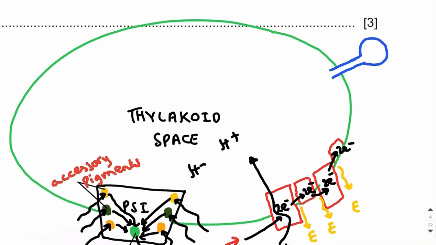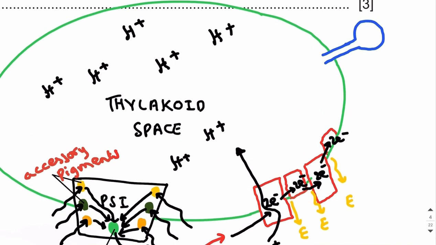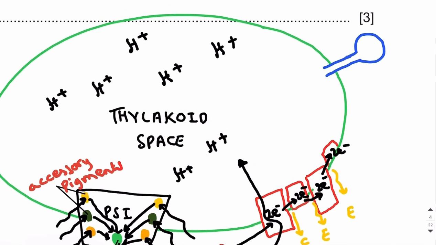You need to remember that the thylakoid space has a higher concentration of hydrogen ions, right? So hydrogen ions are pumped from a lower concentration to a higher concentration. Eventually, the concentration of hydrogen ions increases in the thylakoid space.